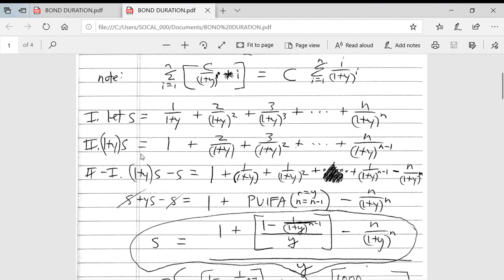Now we work through the algebra, distribute, the s plus ys minus s's cancel. So we're just left with ys over here. And then I'm going to leave this 1 by itself. I'm going to leave this n over 1 plus y to the n by itself. And I'm going to look at these terms.